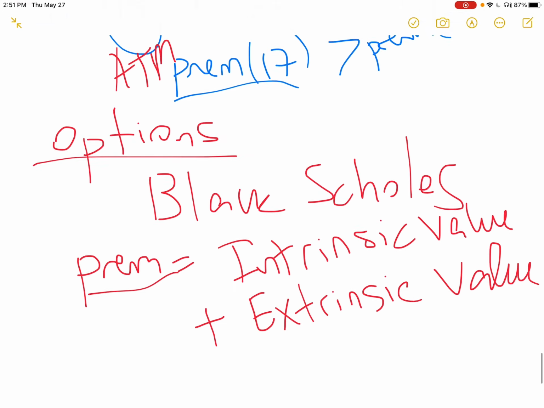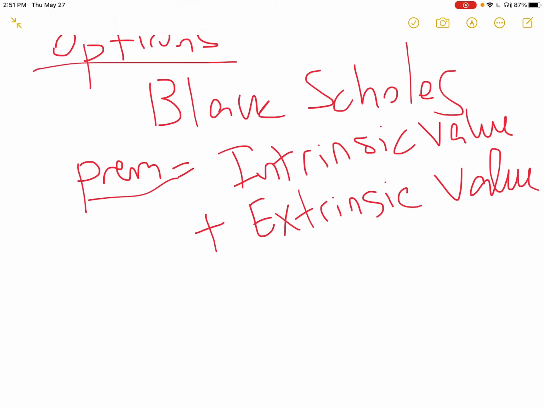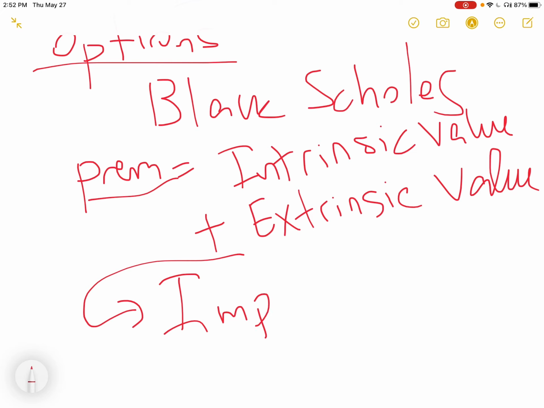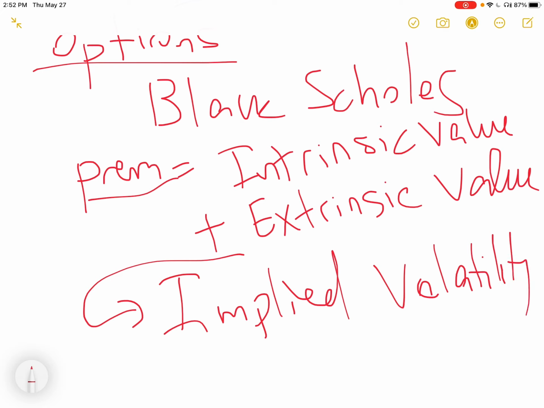What affects intrinsic value is everything that reflects the company and how well they're doing, and whether you are in the money or out of the money. Extrinsic values are things like implied volatility and the time to expiration.